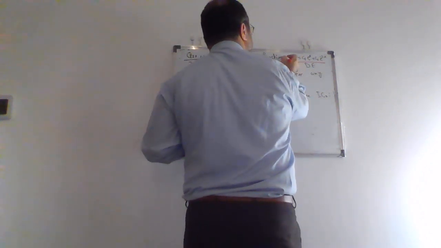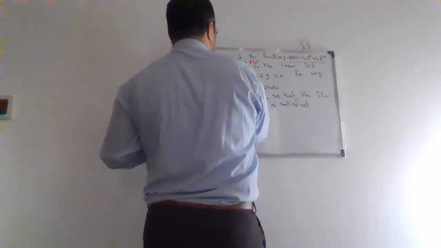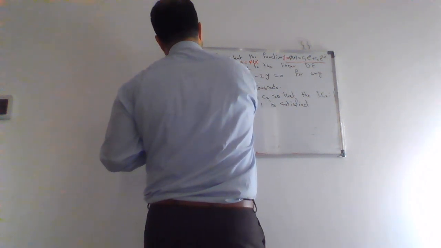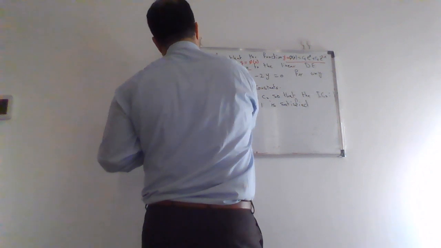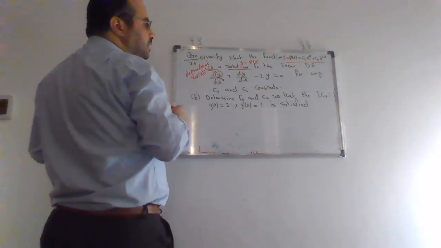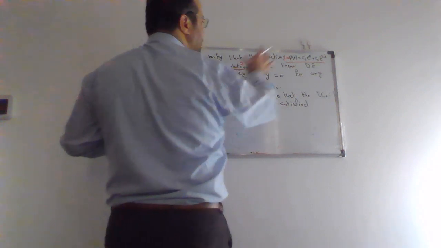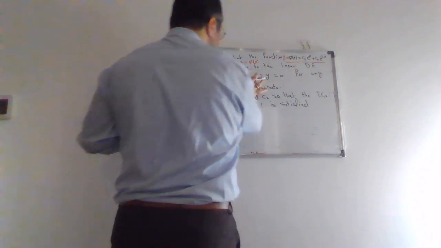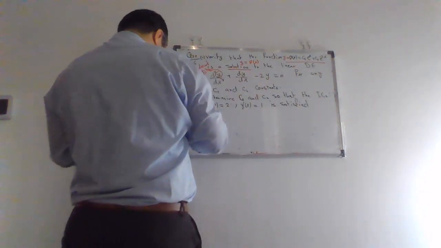So this is y equal, because you look for y. So this is the dependent variable, not the independent variable. So you look for y, then y is that function of x.